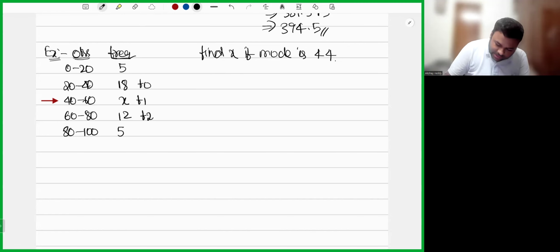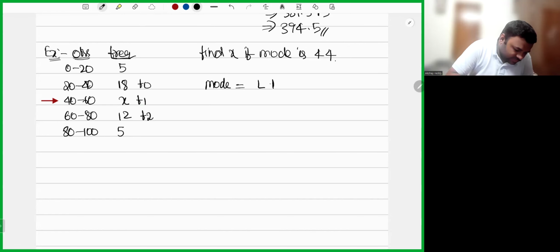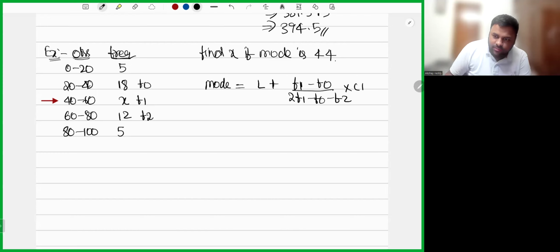Here X is missing. How will you calculate mode? L plus F1 minus F0 divided by 2F1 minus F0 minus F2, into class interval. How much is the mode here? 44.